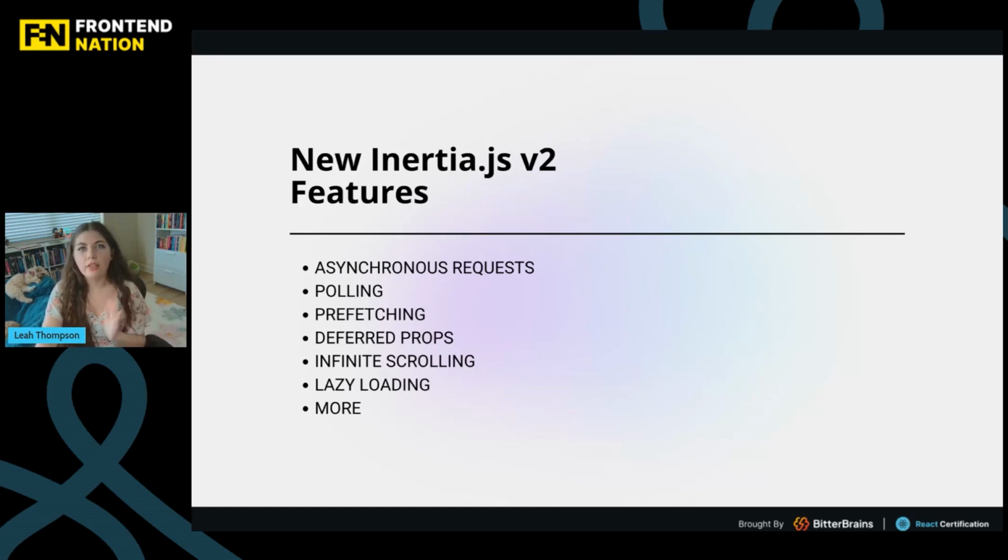Kind of like the form helper, now there is a usePoll helper, and you can set up automatic or manual polling to refresh data at specified intervals, ensuring your application stays up to date without requiring user input, which is ideal for applications that need to frequently update data, such as live statistics, chat applications, anything like that. And then there are also other things like infinite scrolling, lazy loading, deferred props, and more, but I won't go into those.